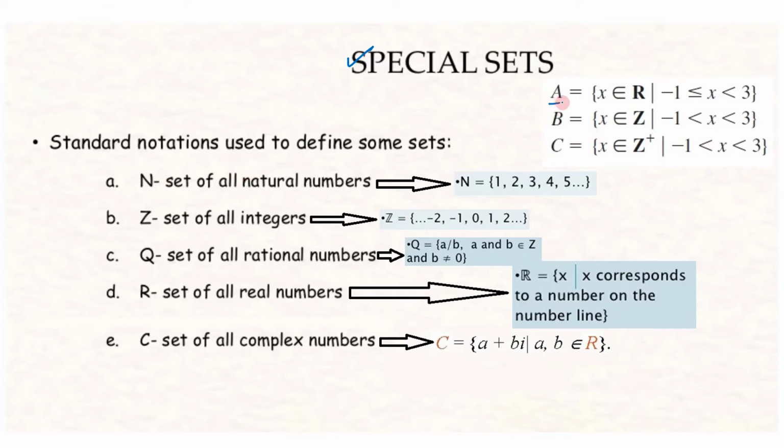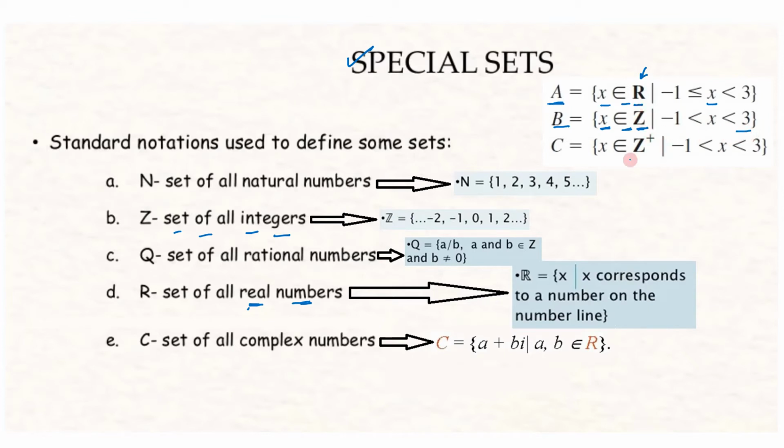So here we are having set A, where x belongs to real numbers such that x is greater than or equal to -1 but less than 3. So here we are using capital letter R to represent real numbers. Similarly, we have set B where x belongs to Z such that x is greater than -1 but less than 3.